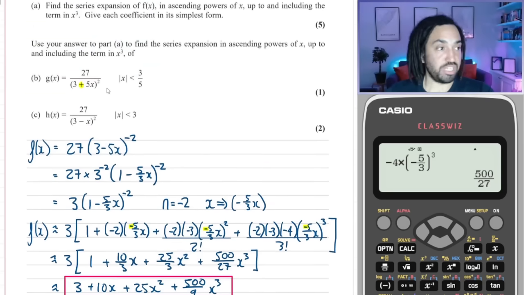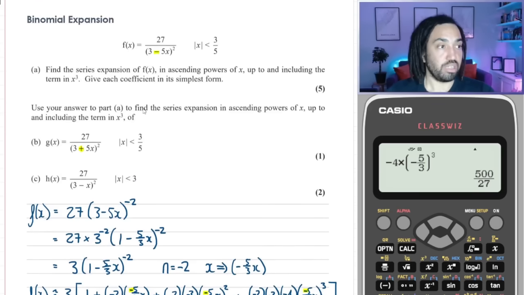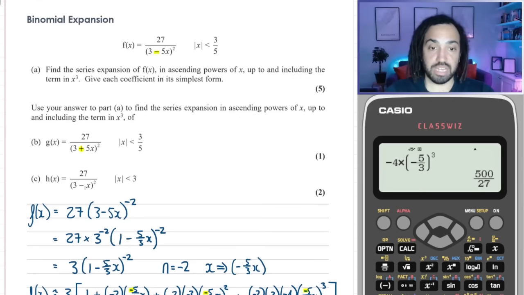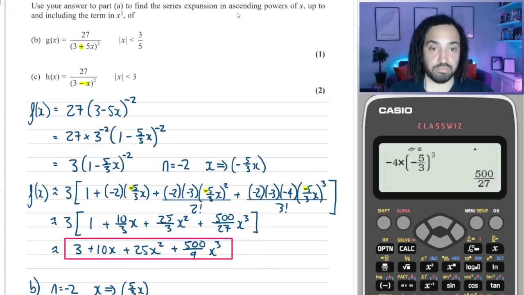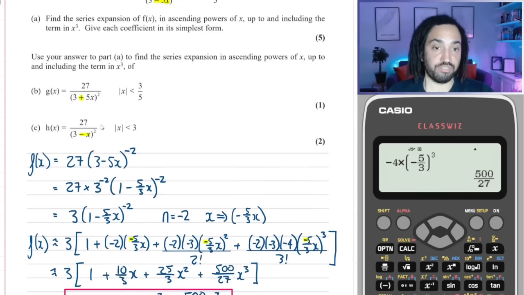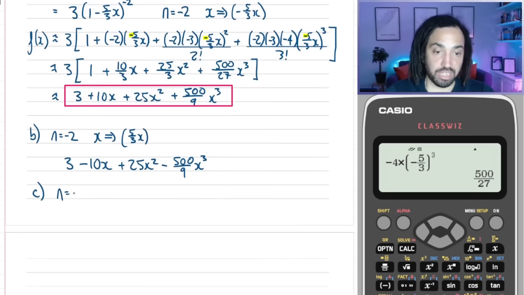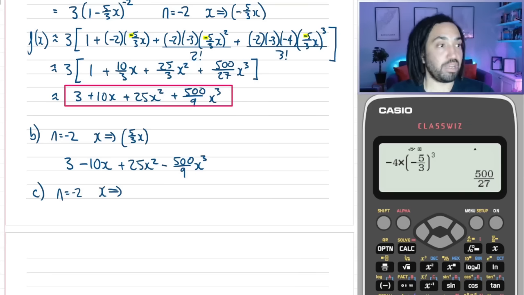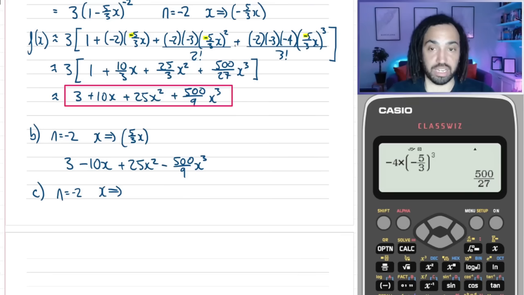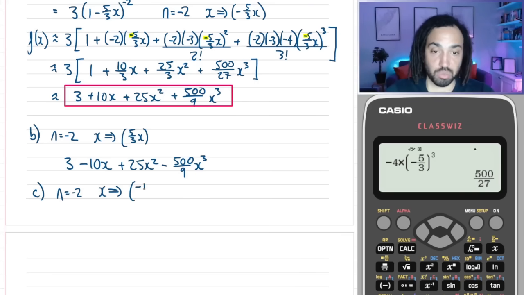Now what's going to happen with part C? So what's the change here? So now we've just got minus x as opposed to minus 5x. Okay, so the x value is essentially 5 times smaller. So we're still going to have n equals minus 2, but the x, rather than being minus 5 over 3x, it's just going to be minus 1 over 3x.